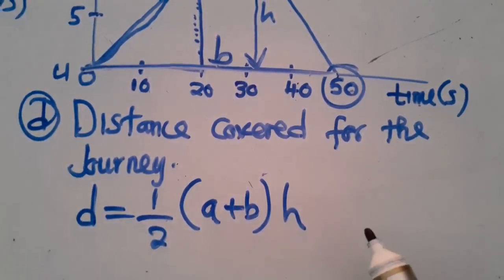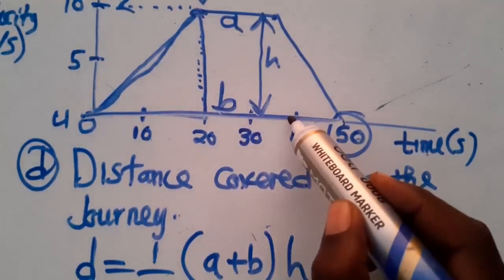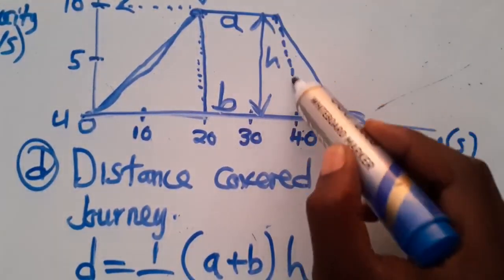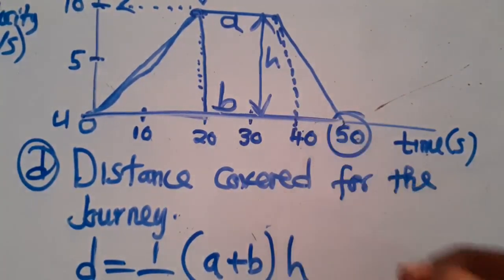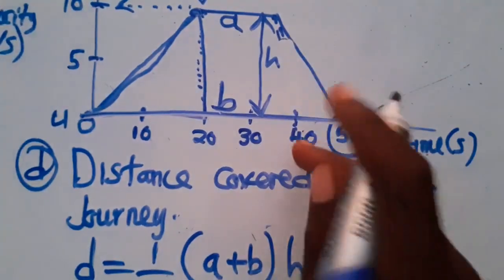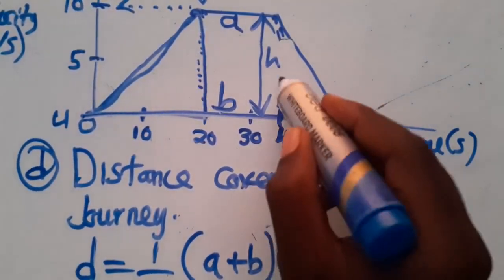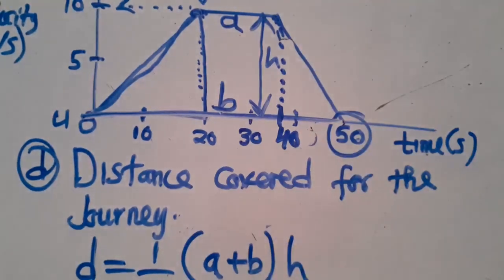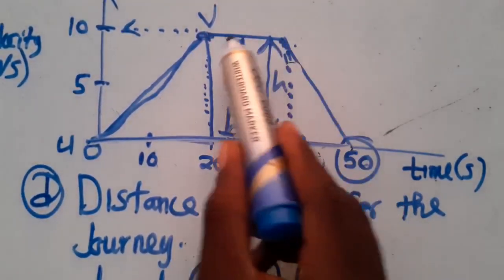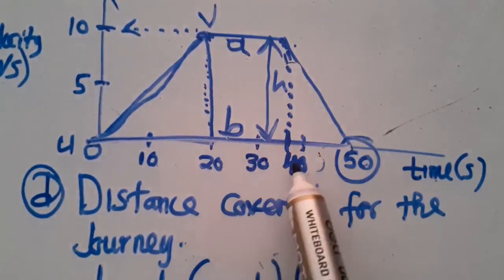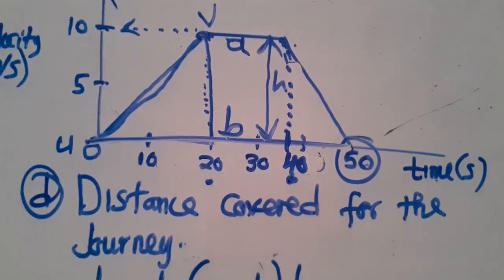What is my A? My A here is falling at 40, straight there. From here to there, what's the difference? This is 40, this is 20. The difference is just 20.